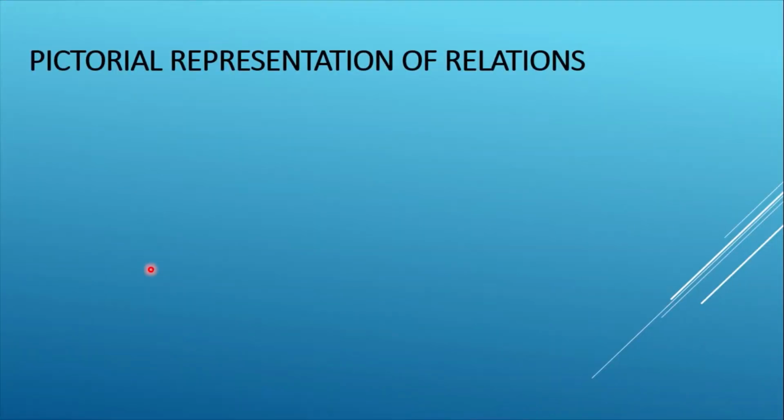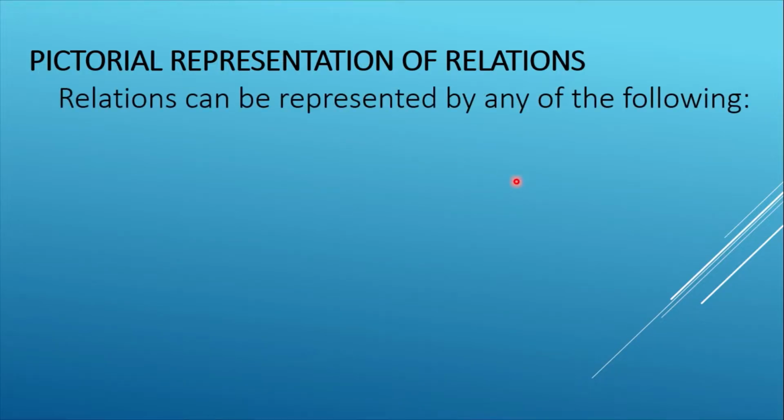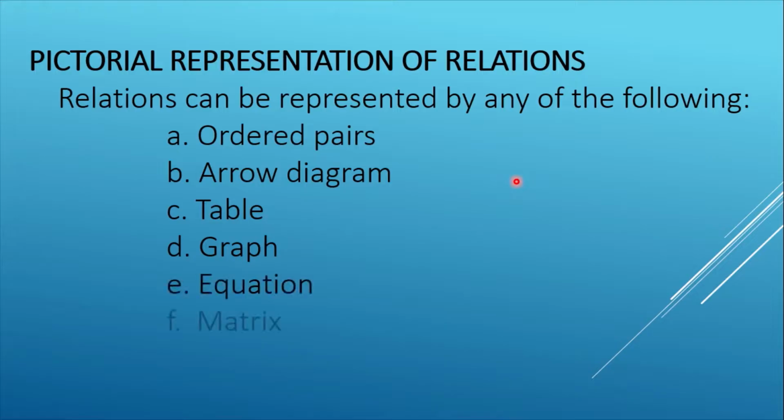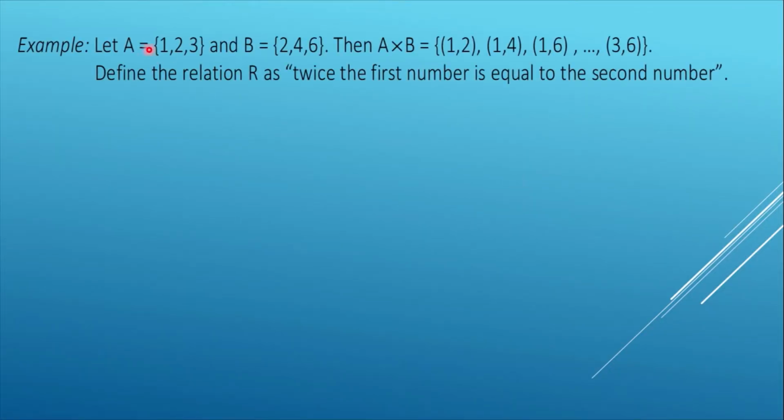Now let's proceed to pictorial representation of relations. Relations can be represented by any of the following: ordered pairs, arrow diagram, table, graph, equation, and matrix. Let's have this example. Let A = {1, 2, 3}, B = {2, 4, 6}. Then A times B would be (1, 2), (1, 4), (1, 6) up to (3, 6).